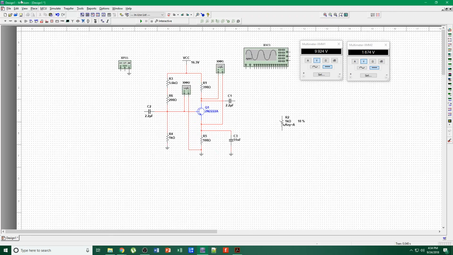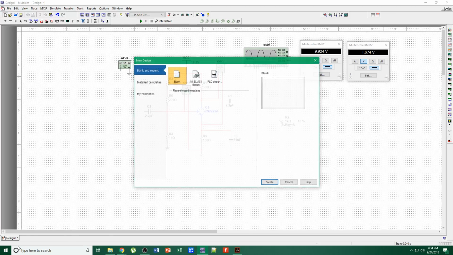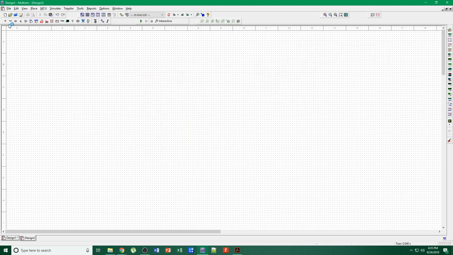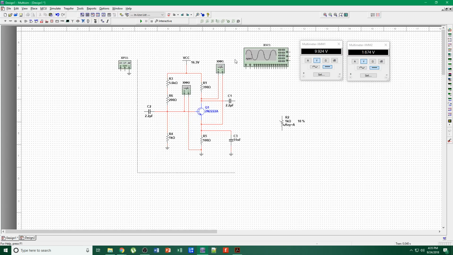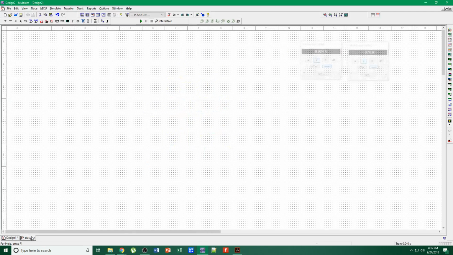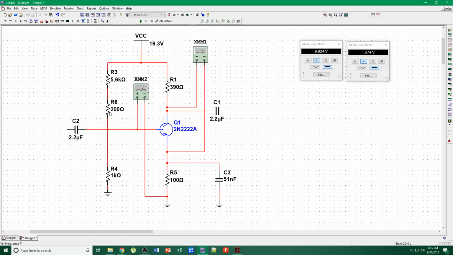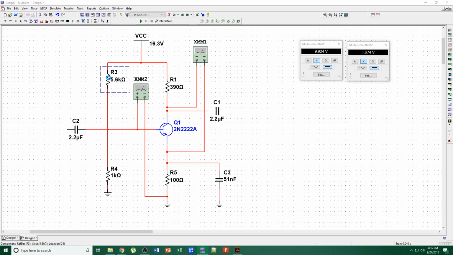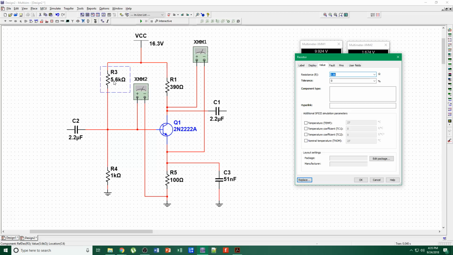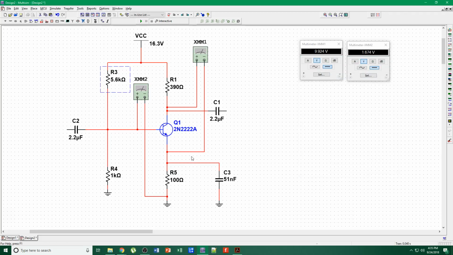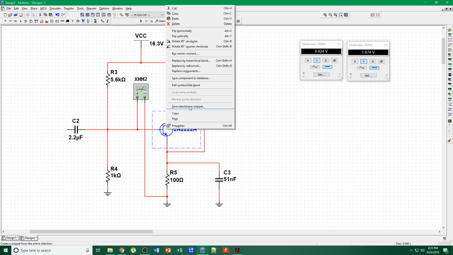So let's open up a new design. Basically copy all of this. Change this value. I have to do it backwards because it is a PNP.